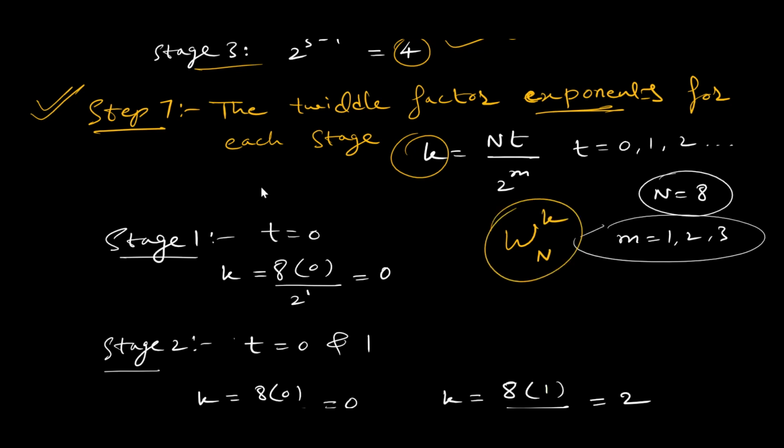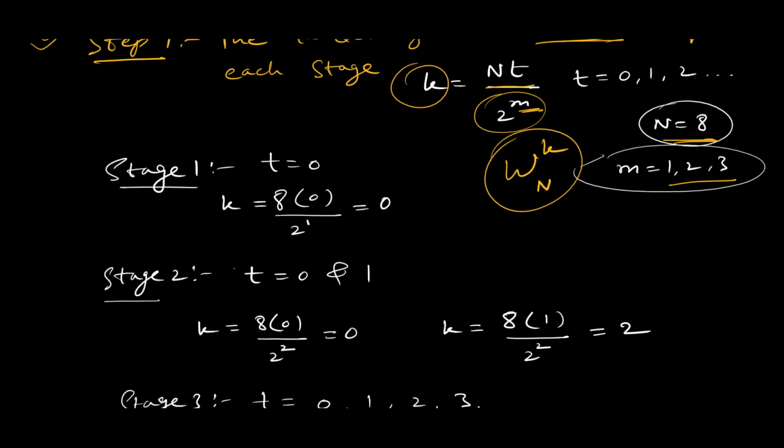It is coming from the equation we have calculated for FFTs. Now this k is given as N multiplied by t, where t is some integer, divided by 2 to the power m. N is given as 8 for this particular example, and this small m is 1, it can range from 1 to 3.